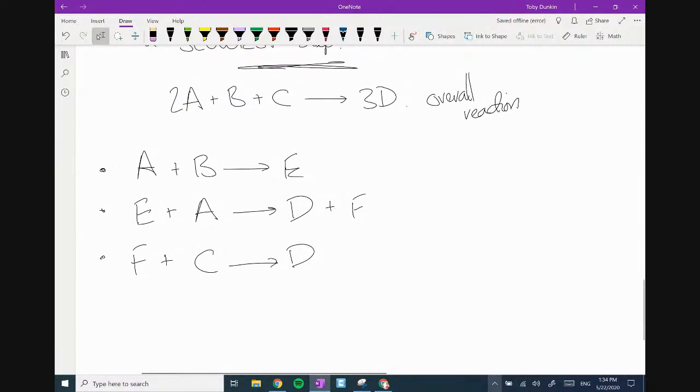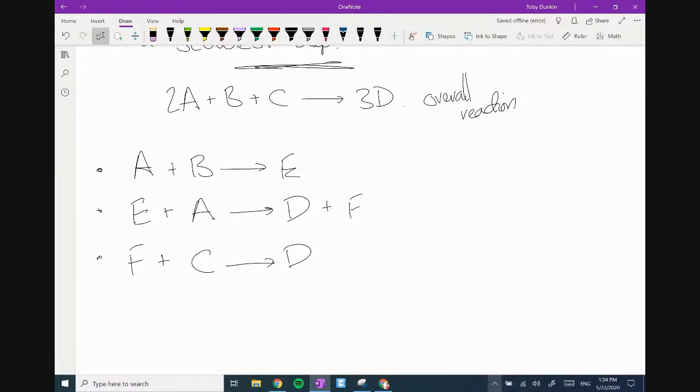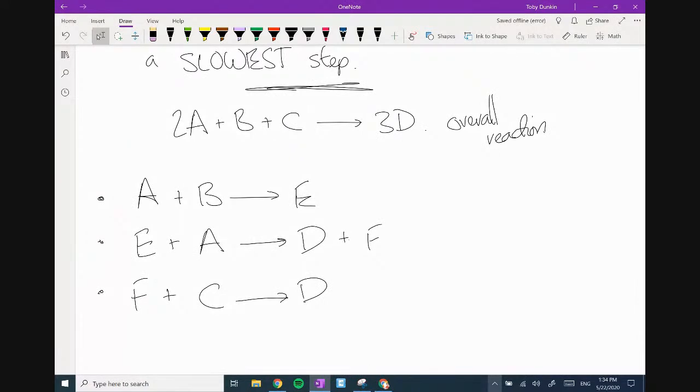So this is a 3-step reaction. It's a 3-stepper. That forms me 2 Ds.